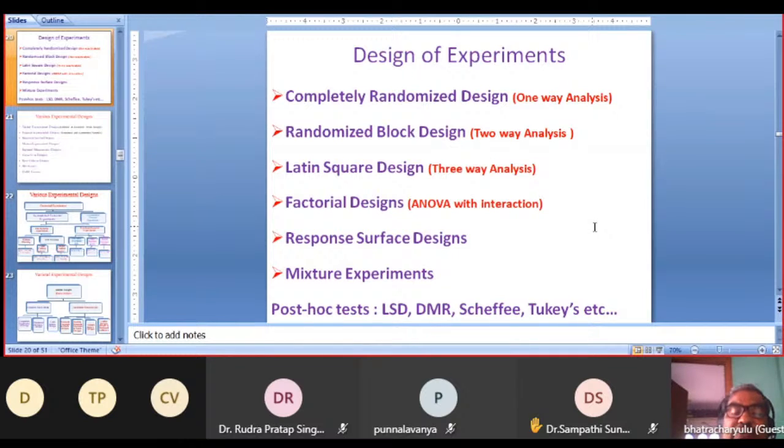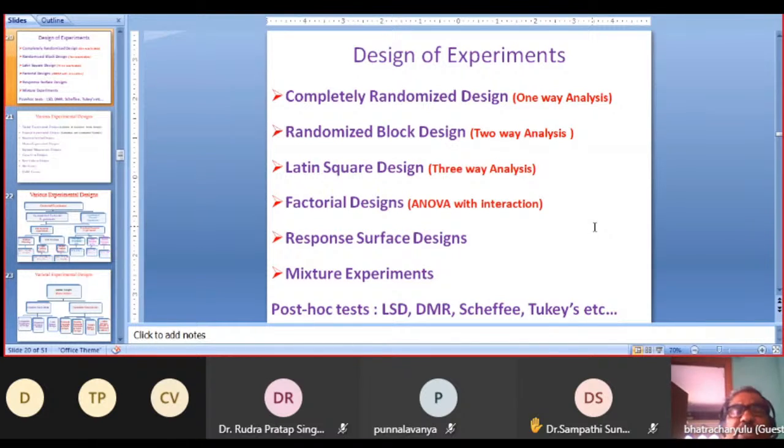Some other designs are factorial designs, and modeling designs such as response surface designs and mixture experiments. There are also post hoc tests like least significant difference, Duncan's multiple range test, and Tukey's t test, etc. These are some post hoc tests that you apply in the analysis of various techniques.